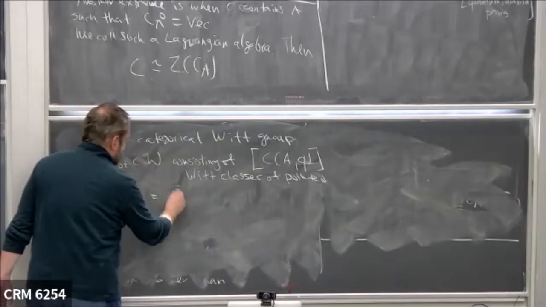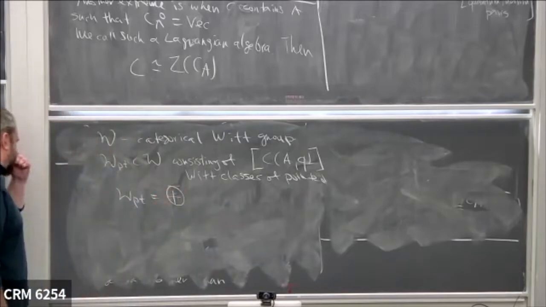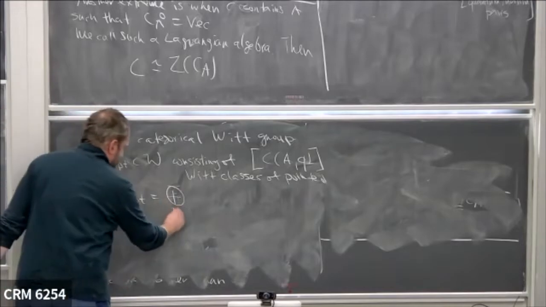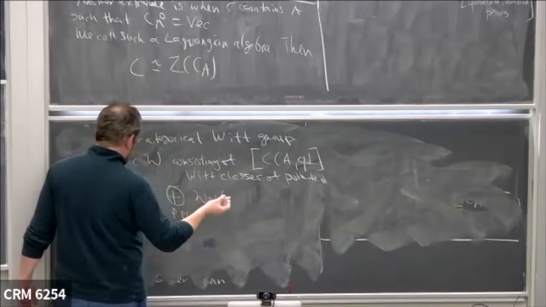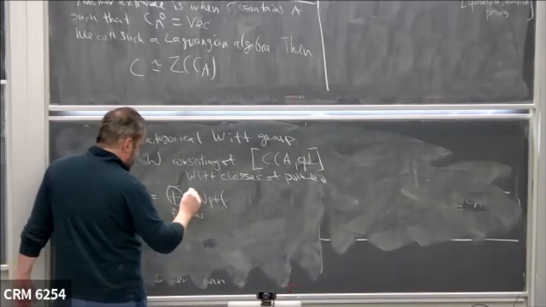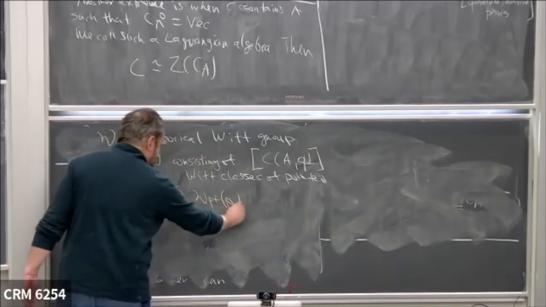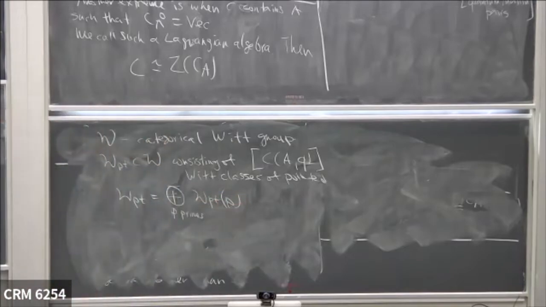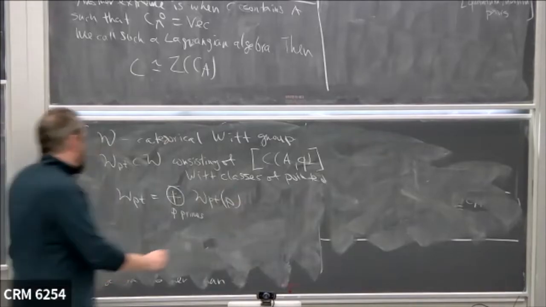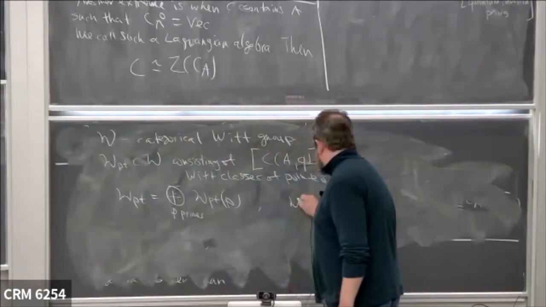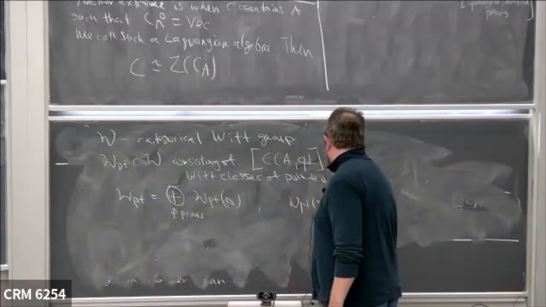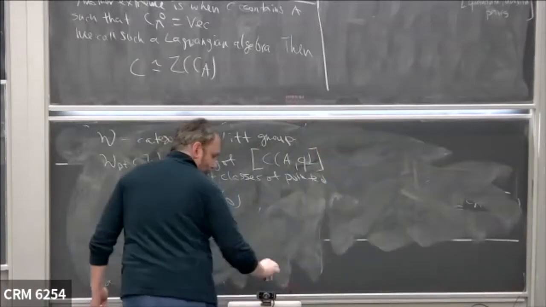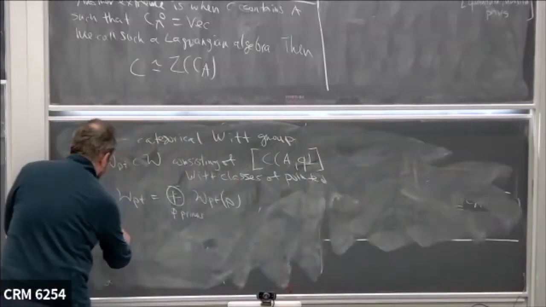So this decomposes into a direct sum over primes, since every abelian group is the direct product of its p-subgroups, and each of these summands is known.